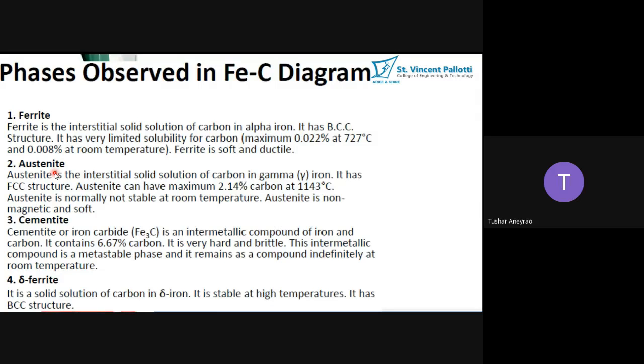I know it is theoretical, but these concepts are very much useful, and you are going to change the properties of the material just by changing its phase. This is very much interesting. For example, if you are changing from ductile and malleable steel to a hardened steel, or a hardened steel to a normalized steel, you are able to change the properties of the material, which is not at all possible with human behavior, right?